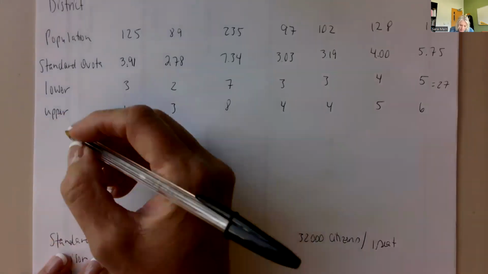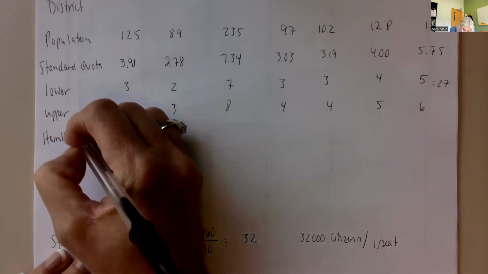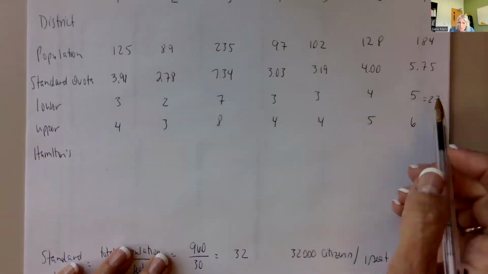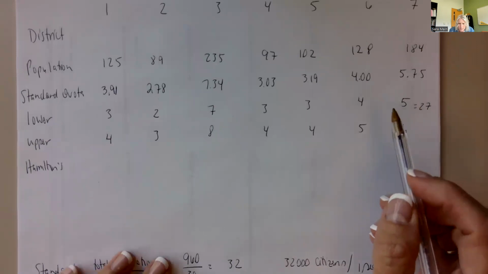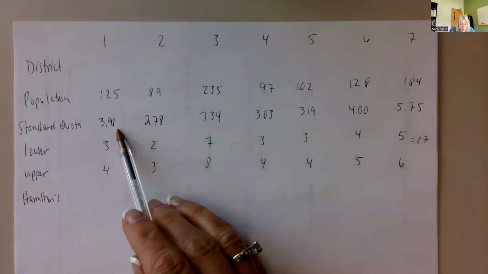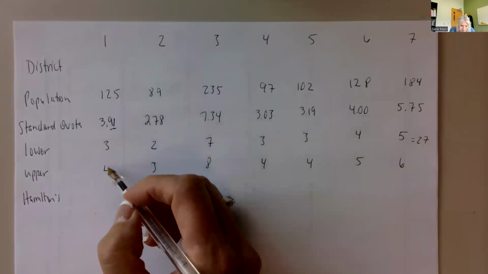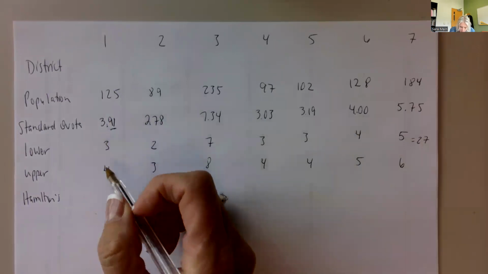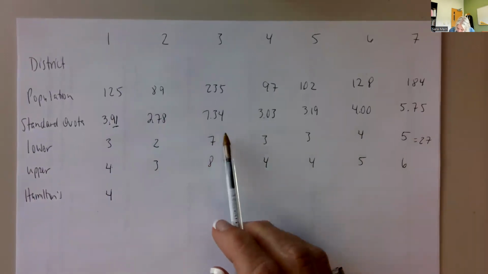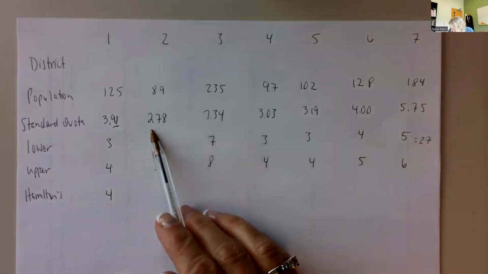So Hamilton's method: the 3 extra seats are going to go by the largest decimal part. The largest one would be this 0.91, so District 1 gets its upper quota. Then the next one would be 0.78, which would be District 2.